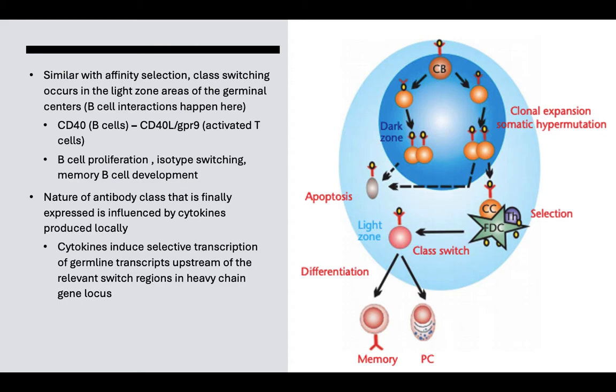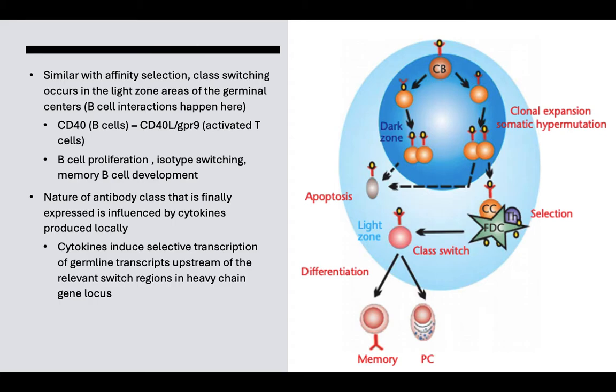No? So CD40 in B cells will bind to the ligand present in activated T cells, CD40L or CD154. Yan yung specific na ligand for our B cell receptor, our CD40. So that's an interaction between our B cell and our T cell.